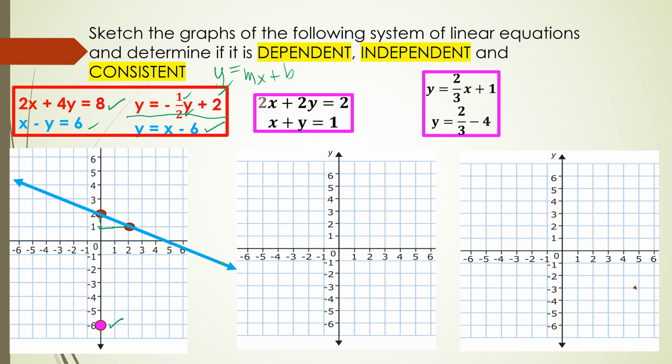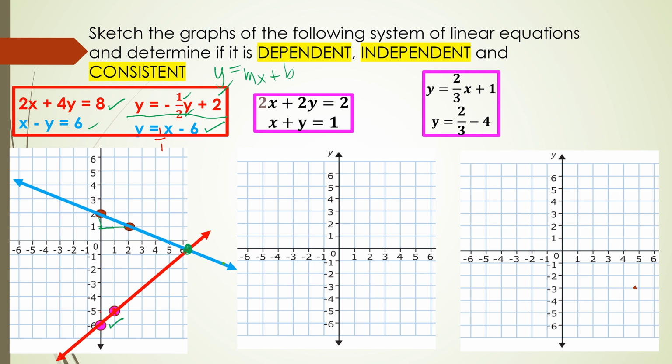And since our slope is 1 over 1, that means we go up 1 unit and we go to the right 1 unit. And that is the second point. So to connect the points, then that's it. As you have seen, the two graphs intersect at this particular point.